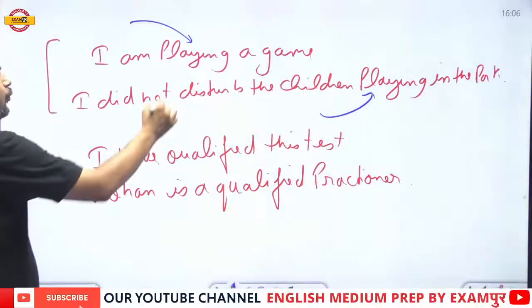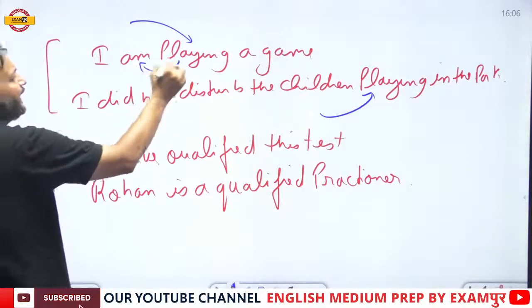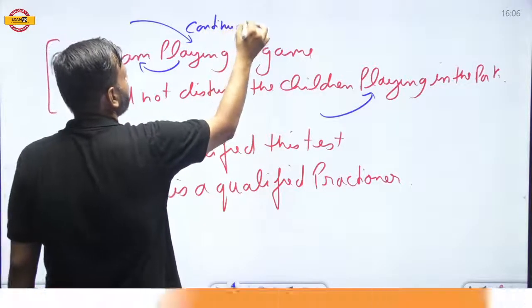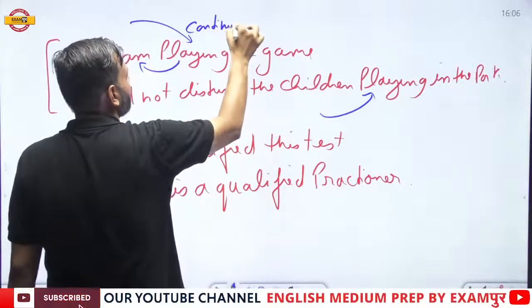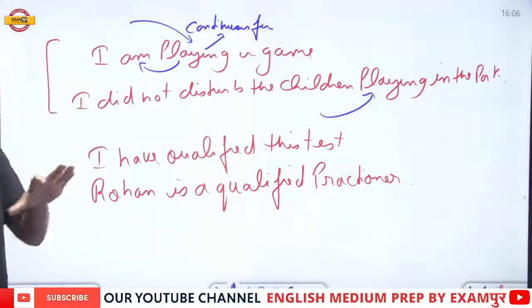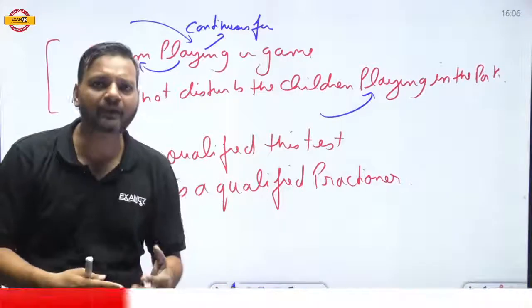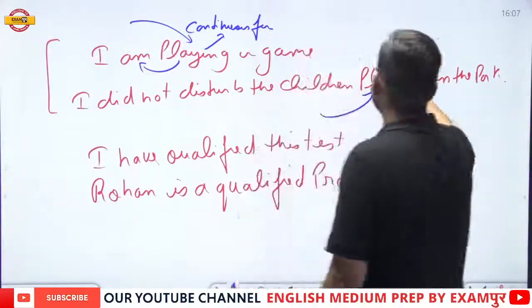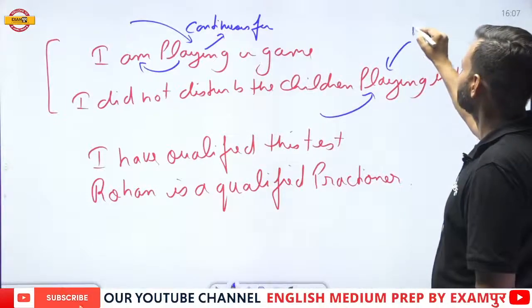But the playing which is used with a be verb is the continuous form, which is used to make continuous sentences, while the other playing is a present participle.